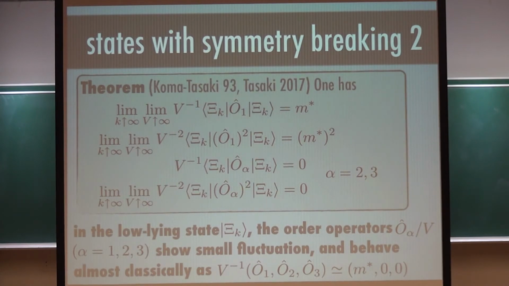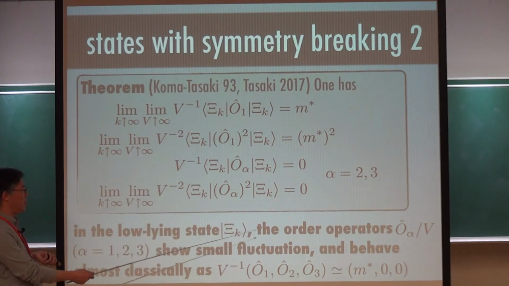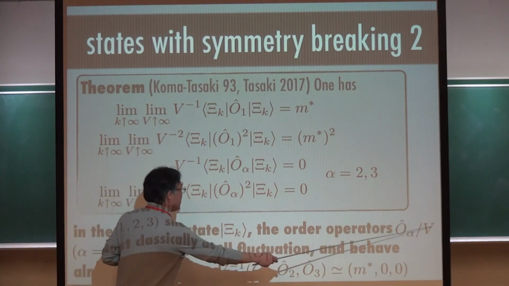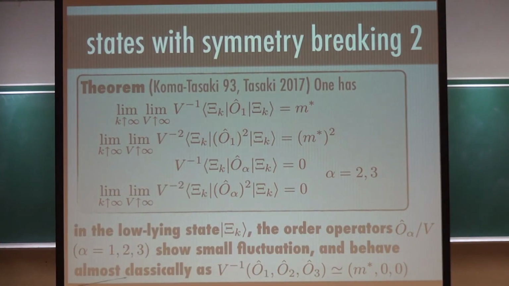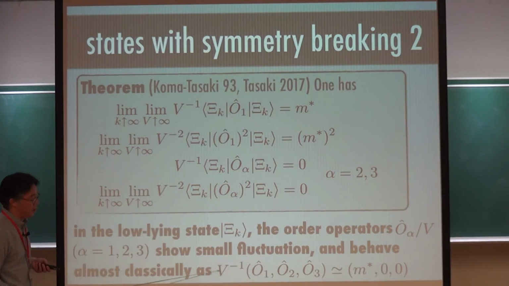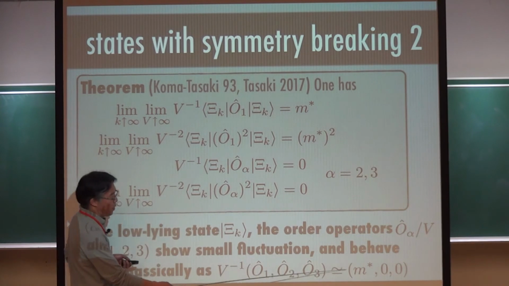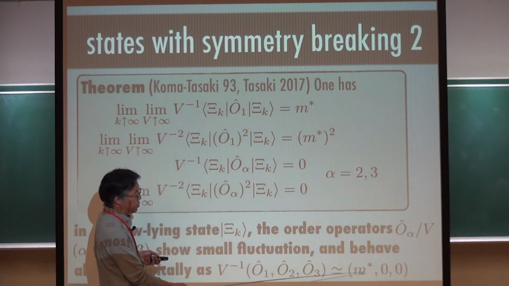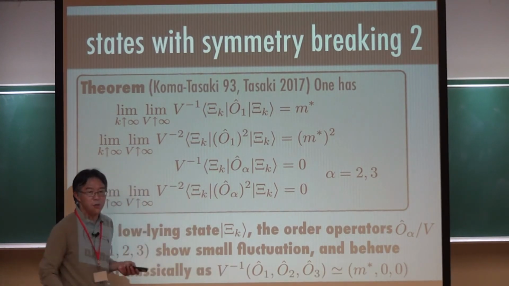In short, in the low-lying state psi k, the order operator shows very small fluctuation and essentially behaves like a classical quantity, as people do in mean field calculations. Normalized by V, it almost behaves as a classical vector with components m star, 0, 0.